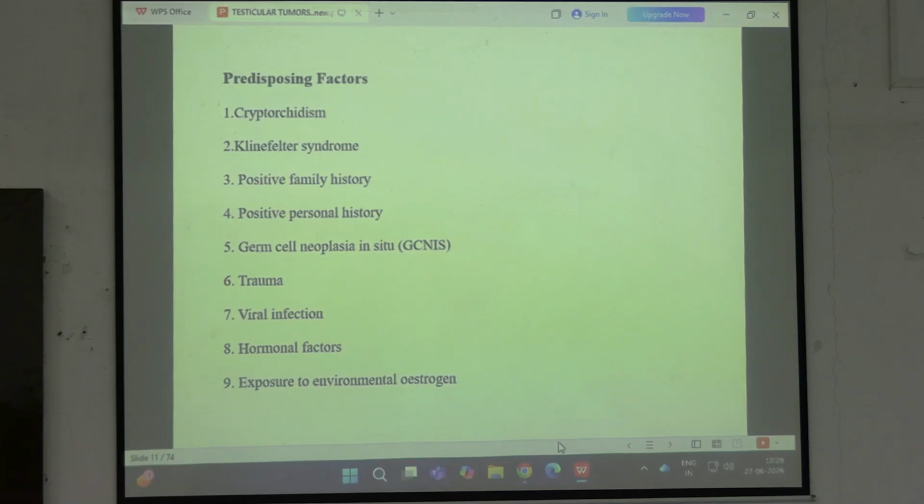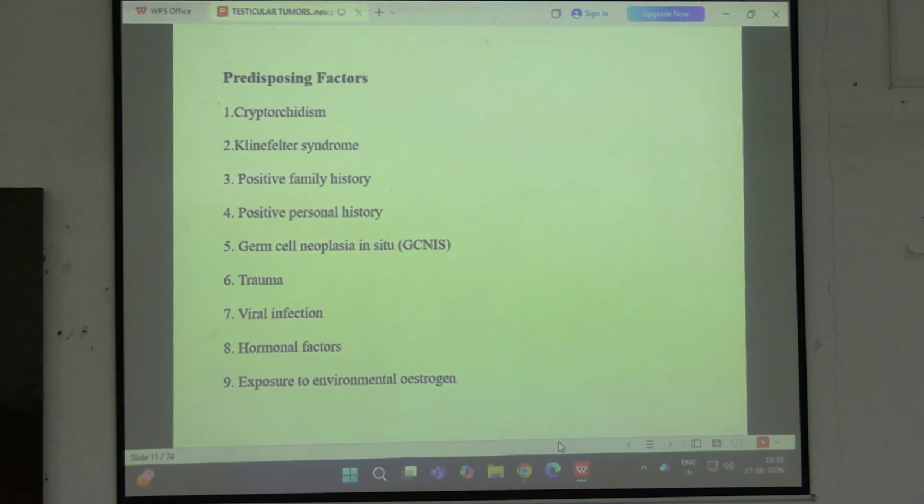Now, what is germ cell neoplasia in situ? Okay. So what happens is, during the developmental phase, embryogenesis, when these germ cells are developing, there is some kind of abnormality in the primordial cells that is already present in most cases of testicular tumors.